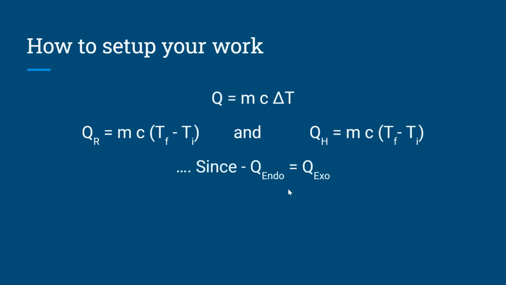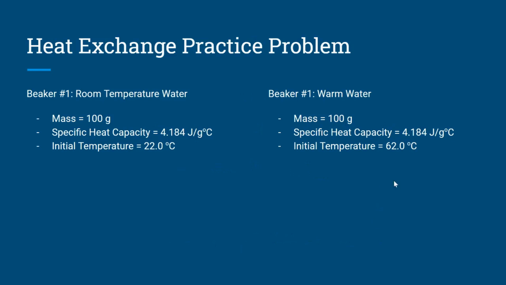So since Q of endo, or Q of the room temperature water, equals negative Q of the exo, or Q of the hot water, we can set up our equation like this because Q is equal to this. So we can drop the Q's because this is how you would calculate the Q's and substitute in mc delta T for those values. Now, we know what mc is for both. They're the same, 100 and 4.18. And we know that our initial temperature for our room temperature water was 22, and our initial temperature for our hot water was 62. Then this is how we solve it.